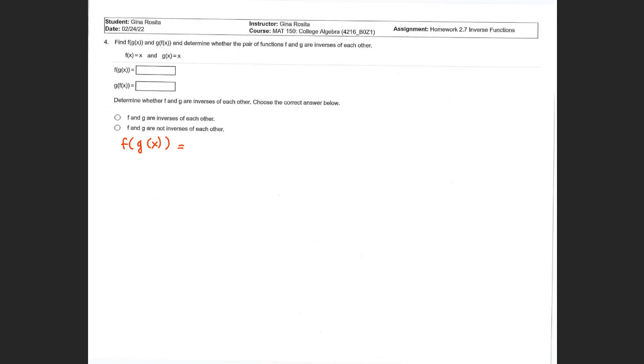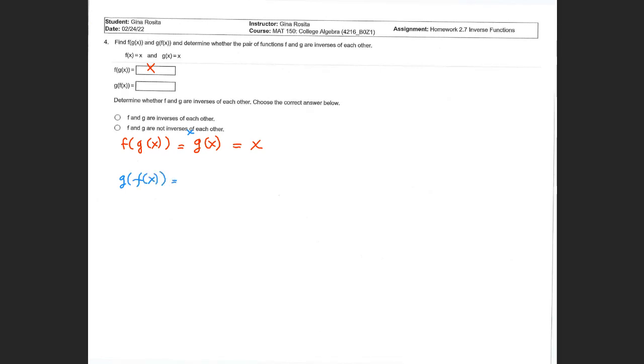If the g of x is x, we just plug in. So the function f of g of x over here, just replace with g of x. So g of x is equal to x. So this is x.